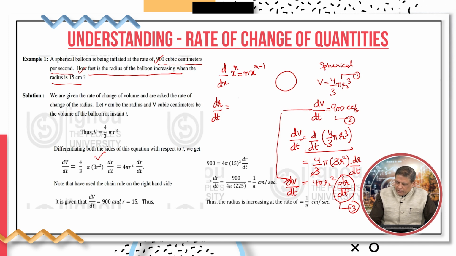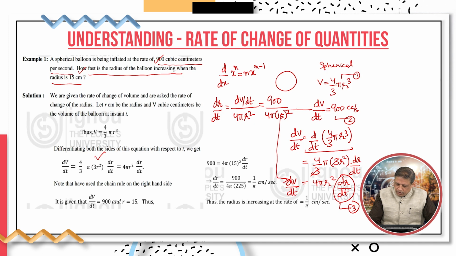So, dr by dt is nothing but dV by dt divided by 4 pi r square, and we are asked when r is equal to 15 units. So, dV by dt is 900, and in 4 pi r square, r given is 15, so 15 square is to be calculated.